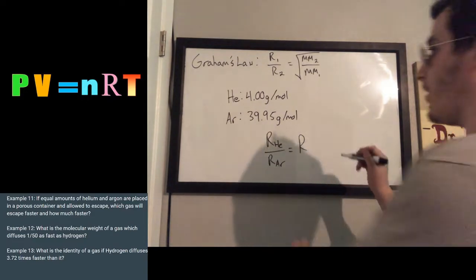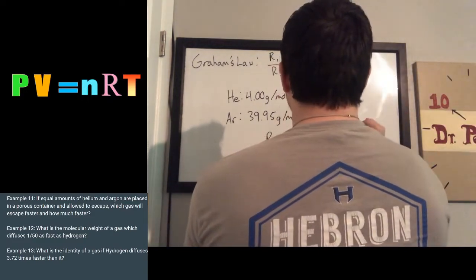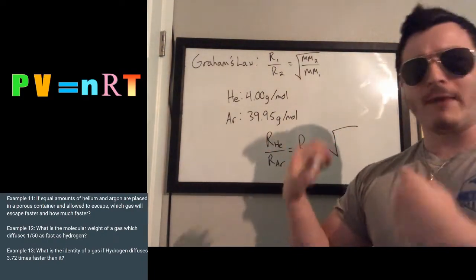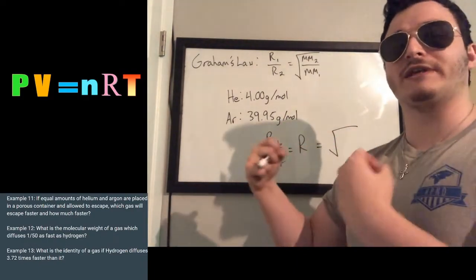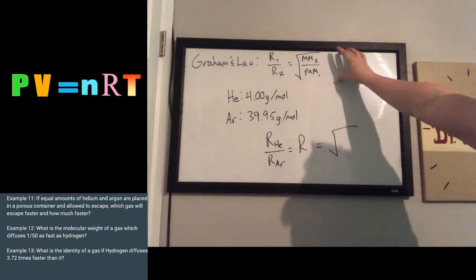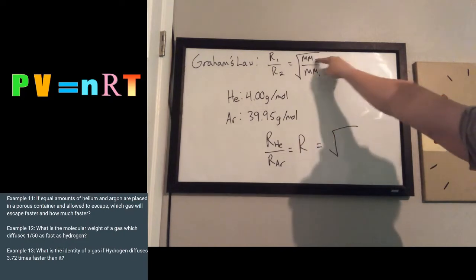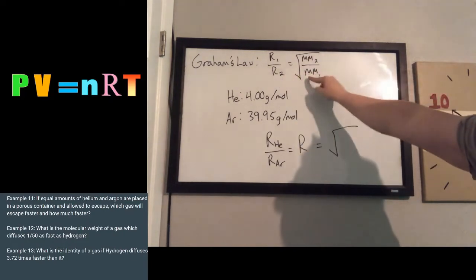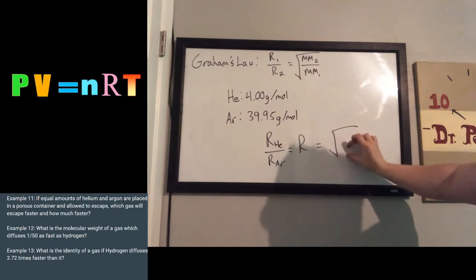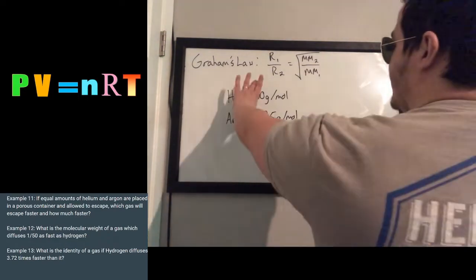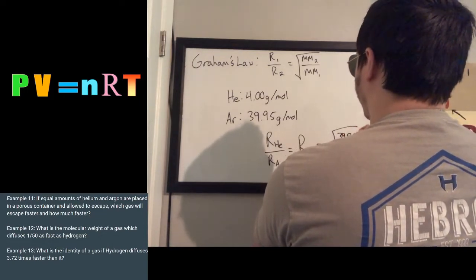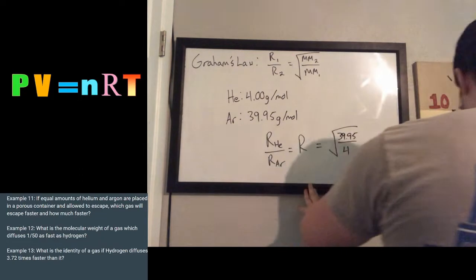The reason we're able to do that is because the question is asking how many times faster will helium escape the container than argon. Next, the right side of the equation is the molar mass of the heavier gas over the molar mass of helium. So it should always be a bigger number on top of a smaller number, and the molar masses we just got from the periodic table: argon's is on top, 39.95 over 4.